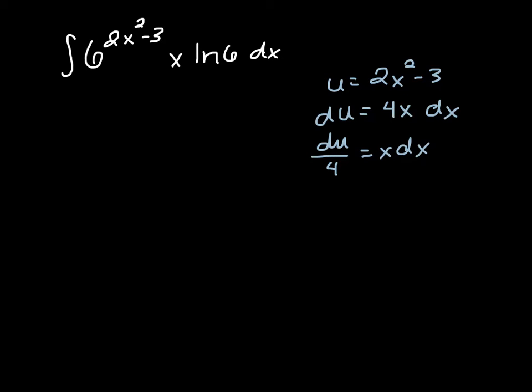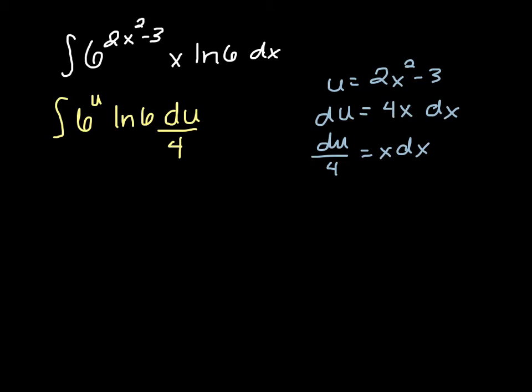Now I can replace everything. This looks good. I'm feeling good about it. So I'm going to change the colors. We have 6 raised to the u times natural log of 6 times du divided by 4.